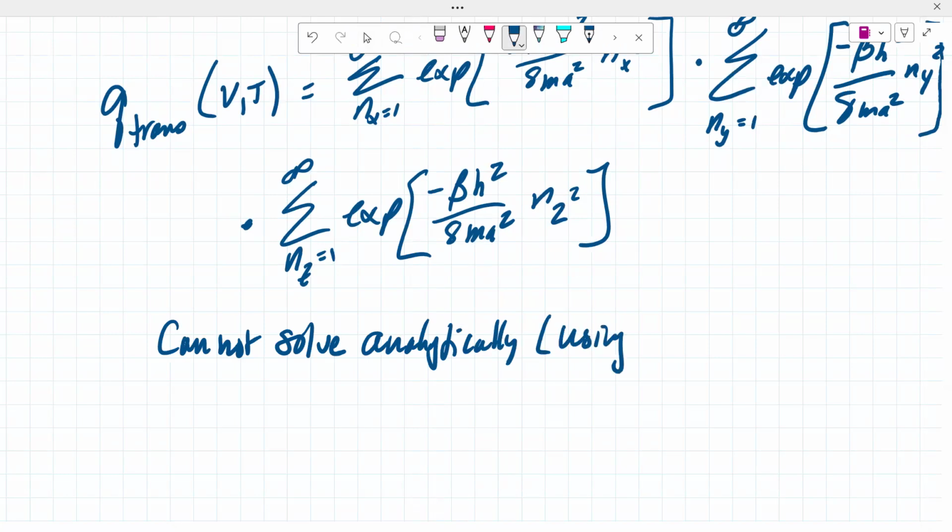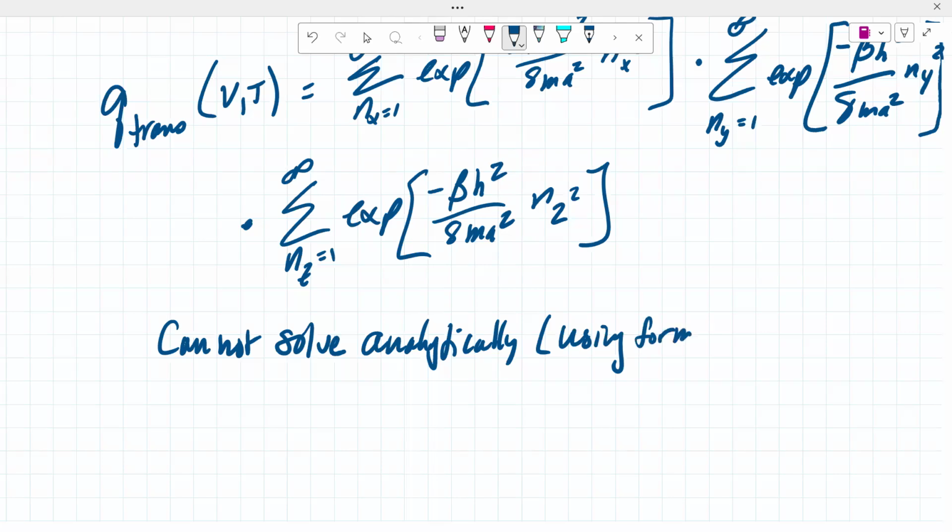So when we say we can't solve it analytically, we mean we can't solve it using derivatives and so on. I mean, Riemann sums is calculus, but using formulas.